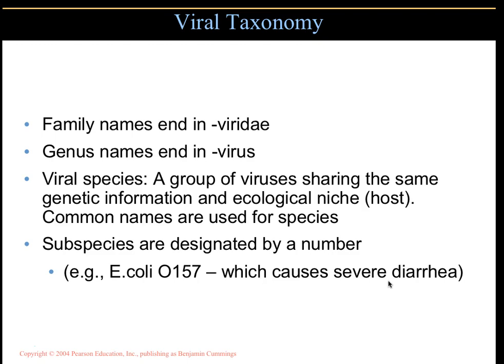So E. coli usually is a very friendly bacteria in your gut, but this particular subspecies has mutated into a pathogenic form. So people would say, oh my God, what you have is E. coli 157, and that is the reason why your stools are bloody and you're so sick. So subspecies tend to give you more information about the organism that you're studying.